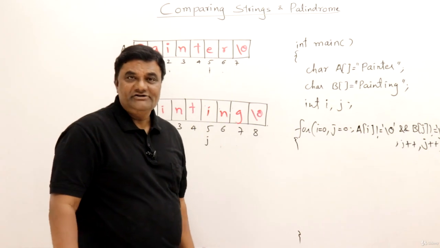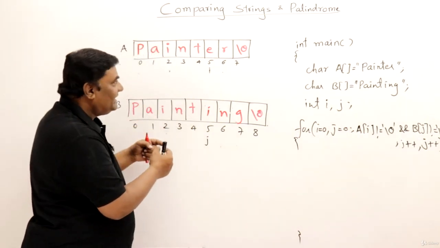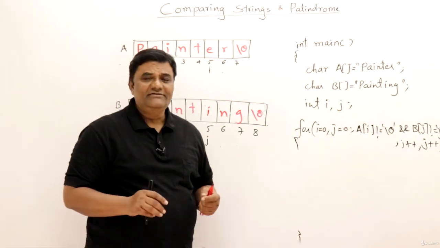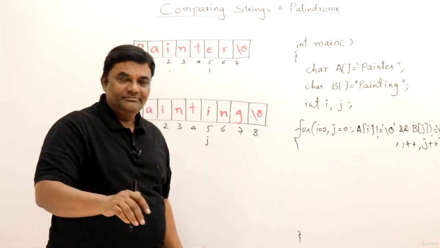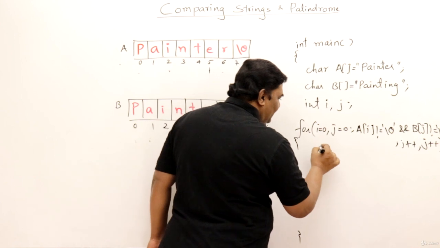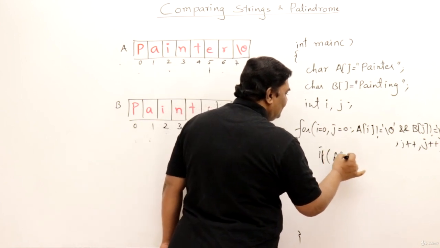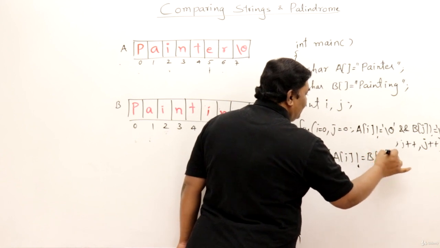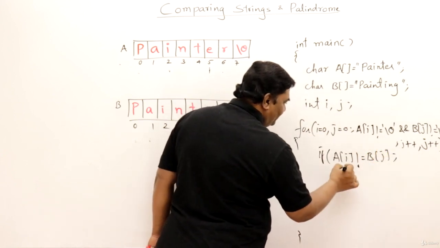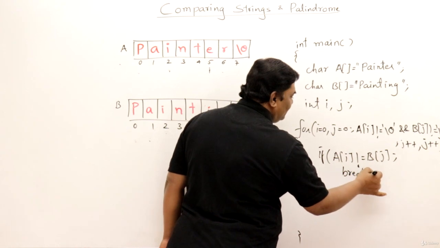Now inside the loop, what should I do? I should check if they are matching or not. If they are matching, I don't have to do anything. If they are not matching, then I should stop the procedure. So in this loop, if A of I is not equal to B of J, then simply stop the for loop and say break.